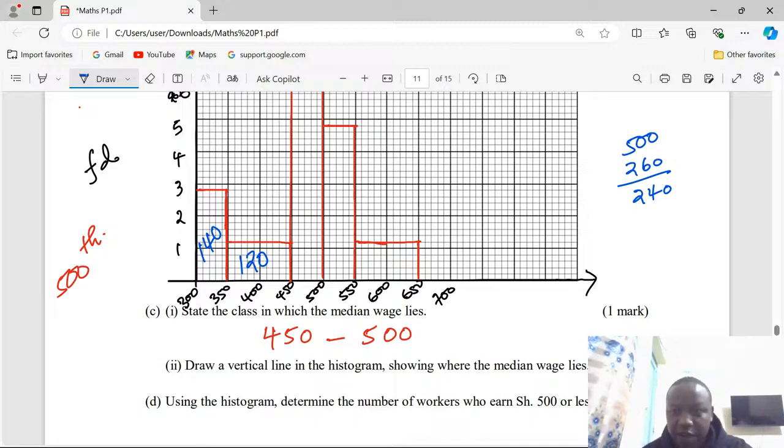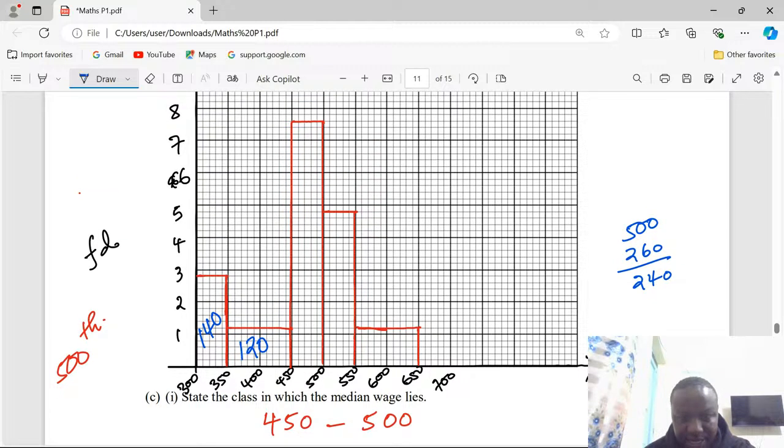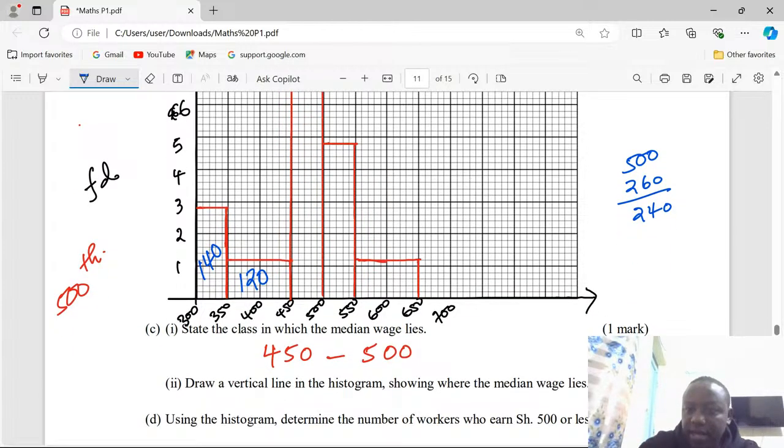So for the area of 240, we shall get it in the next class, where there is a constant height of 7.6. We should multiply it with a certain width, which is not known, for us to get the area of 240.